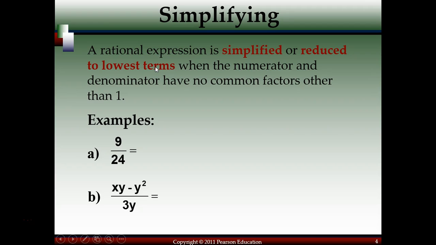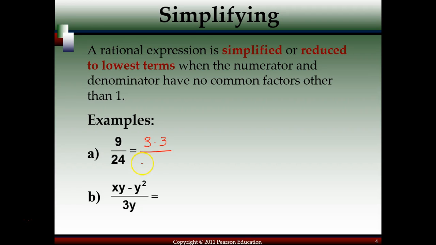Let's look at this first one. This is just a fraction, and we can reduce it. I'm going to show you first by just splitting it up into its factors. So 9 can be completely factored into 3 times 3.